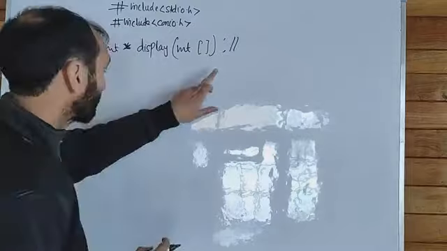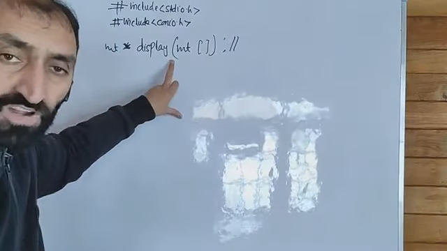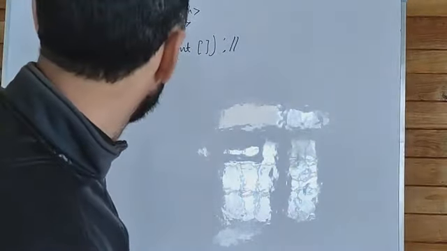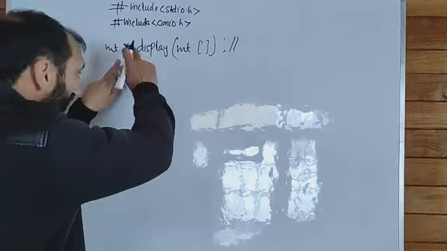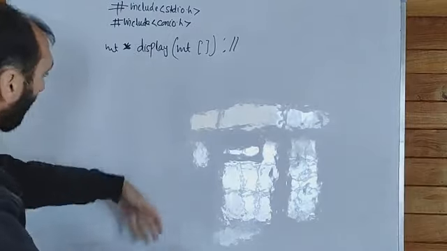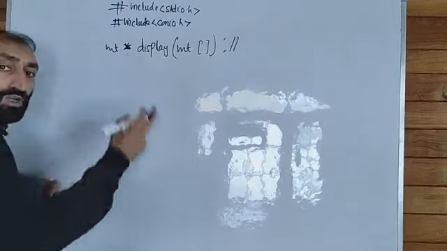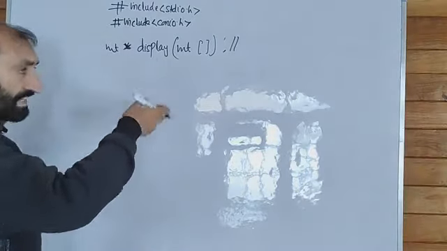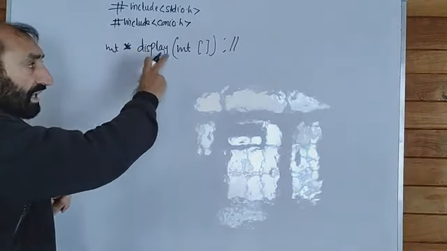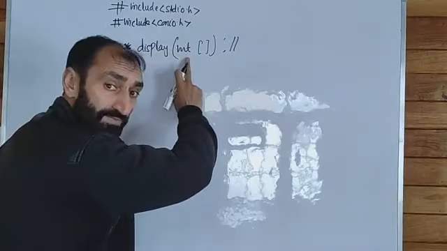We can say it is a function prototype. This function prototype shows that the called function is returning a pointer to the calling function, and the name of that called function is display. And what is the calling function passing?